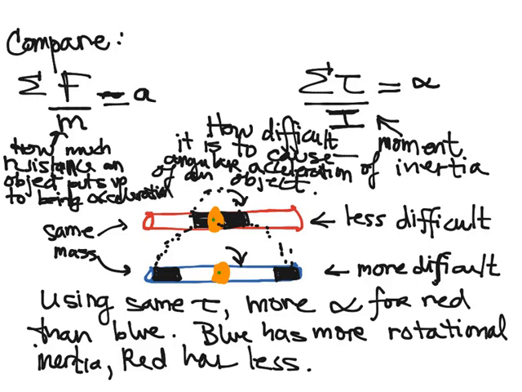So this is kind of the relationship between force, acceleration, and mass versus torque, which is kind of like the angular force, angular acceleration, and moment of inertia is the angular version of mass.